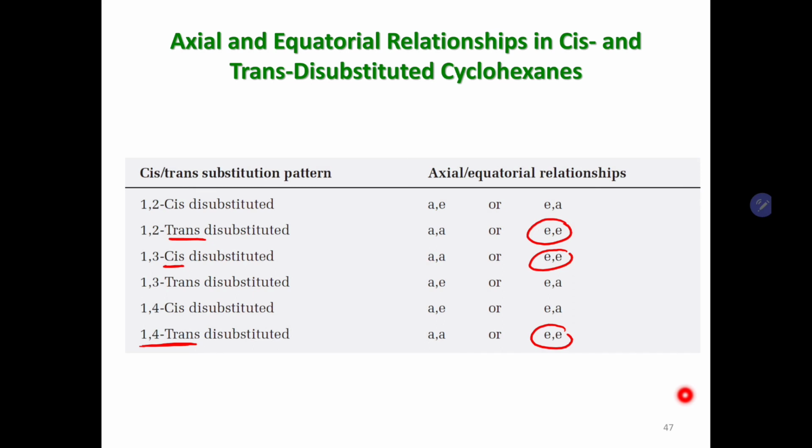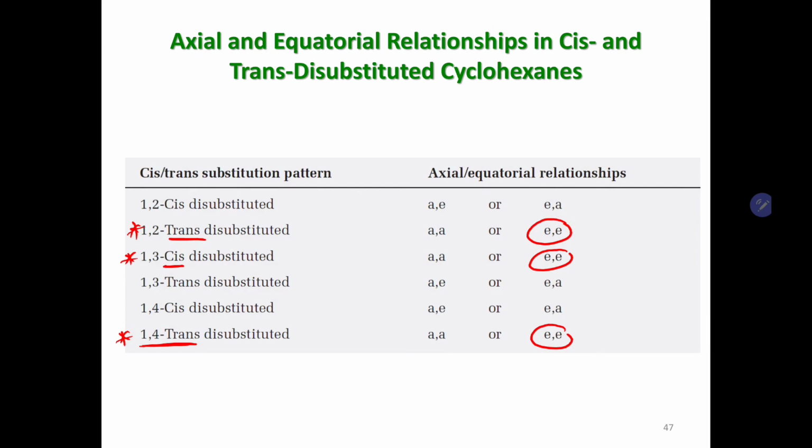I mean, you can do the same for 1,4 disubstituted cyclohexanes, and then you will figure out that the trans isomer is the most stable. Trans isomer is the most stable for 1,4 disubstituted cyclohexanes.